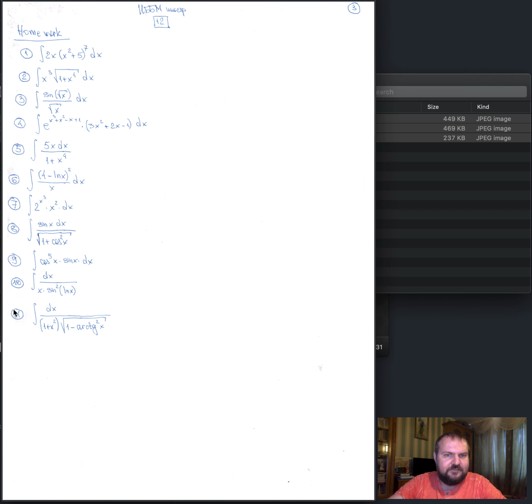Number 10, the integral of dx, and in the denominator x multiplied by sine of the logarithm of x, and the sine squared. And the last, example 11, the integral of dx in the denominator 1 plus x squared multiplied by the square root of 1 minus arctangent x squared. That's your homework for this lesson.